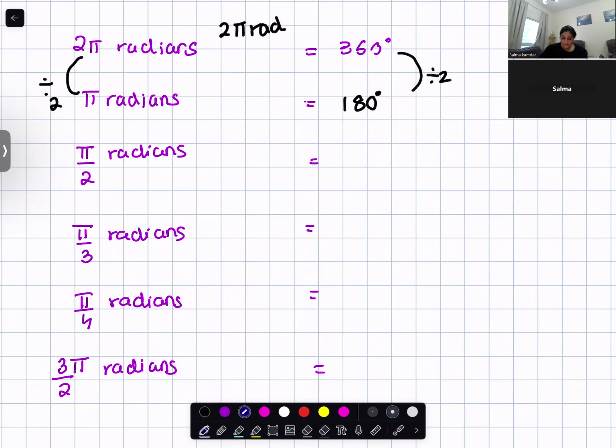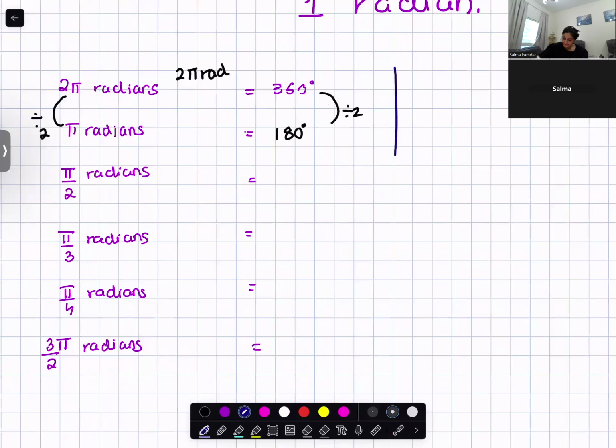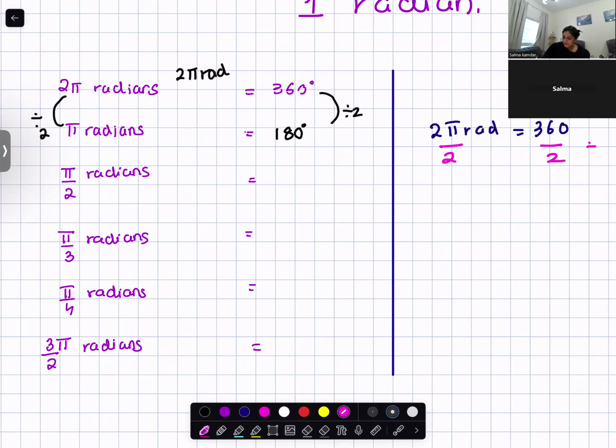What is going to be your pi by 2 rad? You will just see 2 pi rad is 360 degree. Now I want pi by 2. So since I want by 2, I'm going to divide by 2 on both the sides.